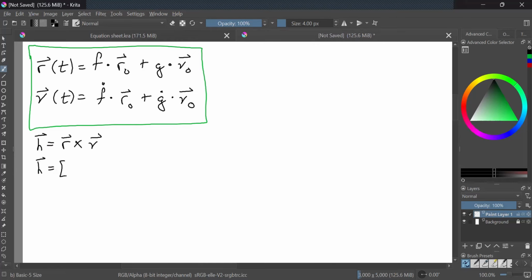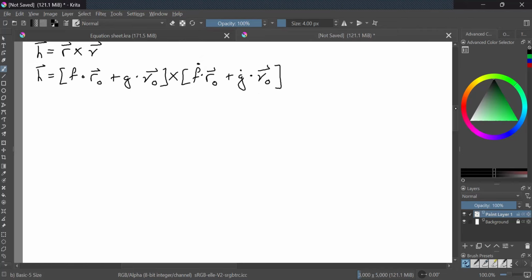And I'm just going to expand. So one moment. All right. And then I'm going to scroll down a little bit more, give my wrist some breathing room here.